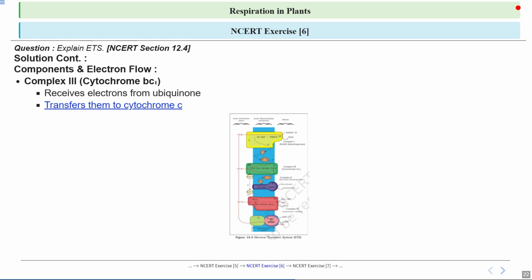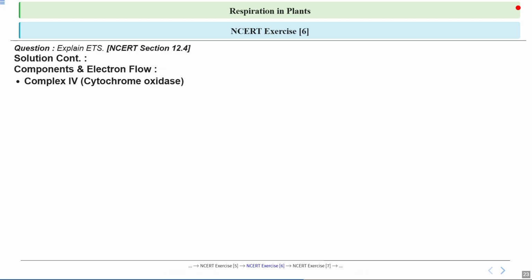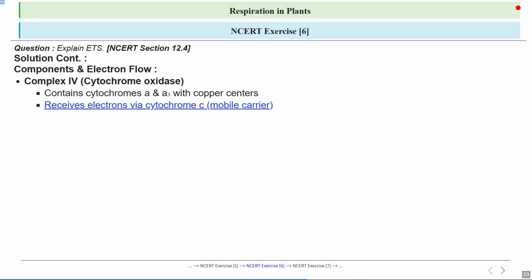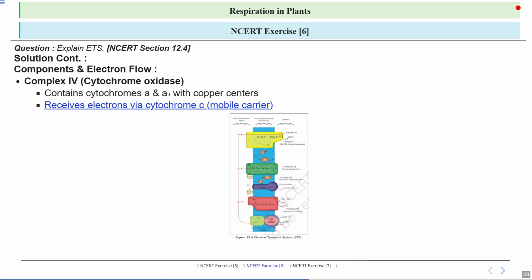And this will further carry the electrons from complex 3 to complex 4. The next complex is complex 4, which is cytochrome oxidase. This complex contains cytochrome A and A3 with copper centers, and it receives electrons via a mobile electron carrier, that is cytochrome C.